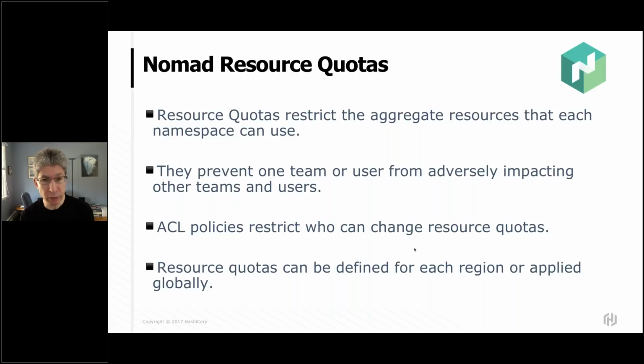So resource quotas limit the resources that each namespace can use, and that prevents teams from adversely affecting other teams and users. And of course, ACL policy restrict who can change resource quotas, right? It wouldn't make much sense if anybody who wanted to could just change their own resource quota. That would do an end run around the system.